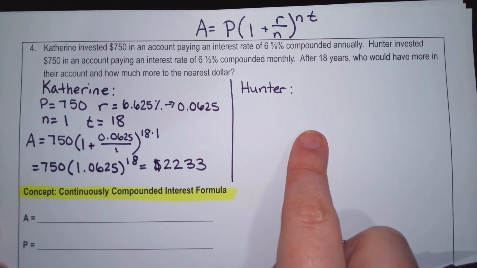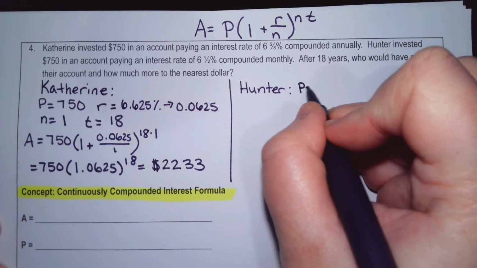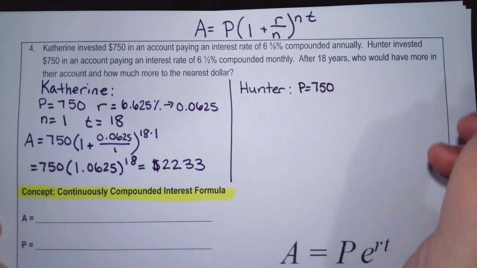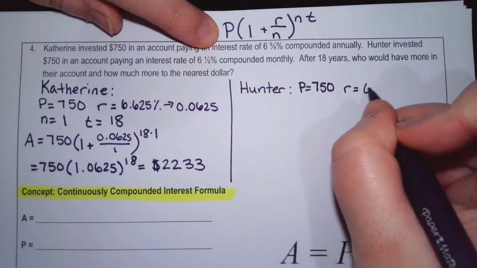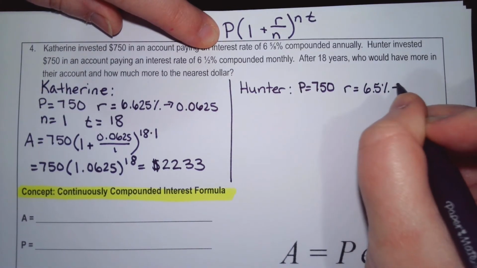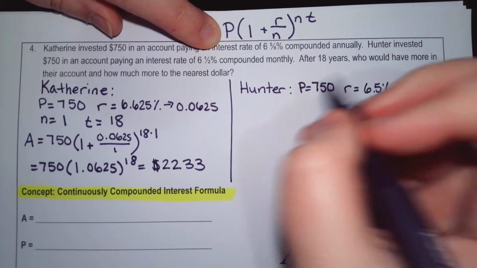We're now going to do the same for Hunter. For Hunter, he also started with $750. His rate was 6.5%, which is 0.065.